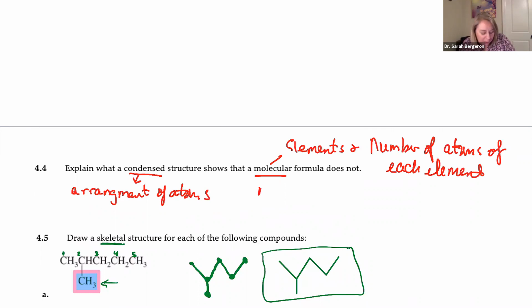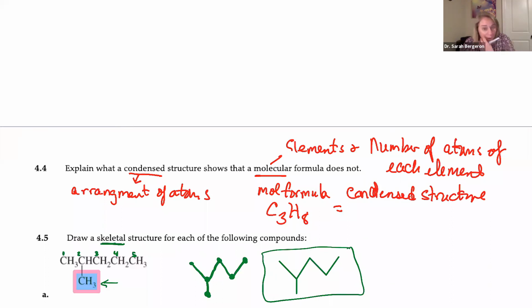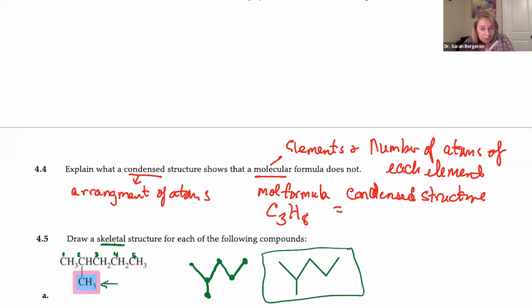So let's do an example. I could have a molecular formula that is C3H8. And if I wanted to write C3H8 as a condensed structure, I want to show the arrangement, right? So I have 3 carbons. Those 3 carbons are going to be linked to each other, but we're not going to show those bonds. I know to complete my octet, if I have a carbon on the end, this carbon needs 3 hydrogens, this carbon needs 3 hydrogens.